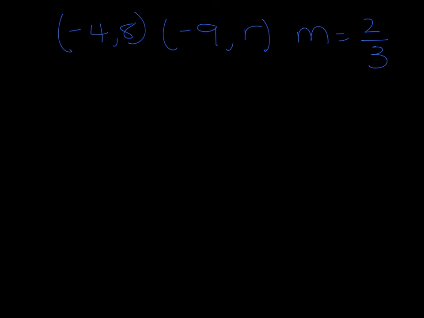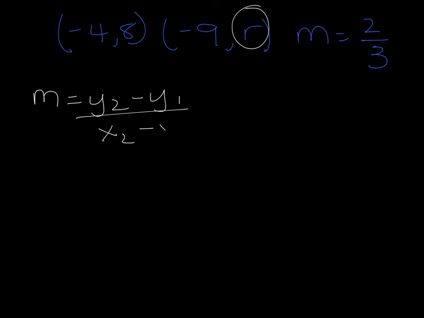Okay, let's do one more example of this. Alright, so here's my 2 points and here's my slope. So I'm trying to find, what does this r have to be? Alright, so I'm going to write my formula down. Y sub 2 minus y sub 1 over x sub 2 minus x sub 1. And I know that this is x sub 1, y sub 1, x sub 2, y sub 2, and here's my m.